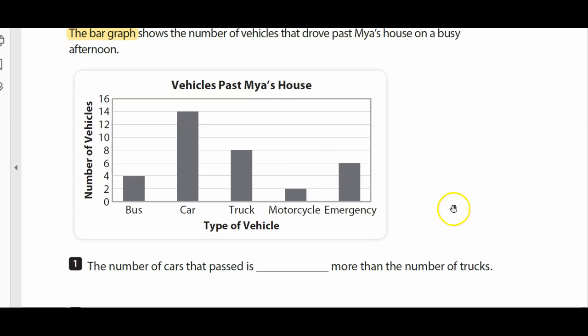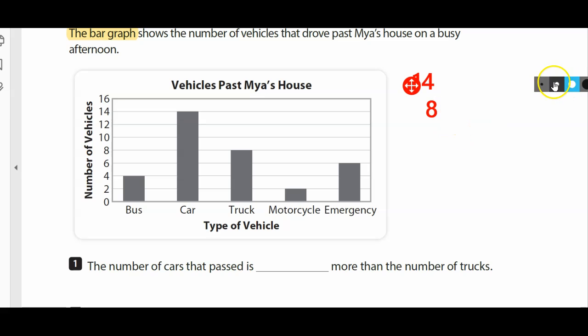So we're going to use the bar graph to answer the questions. Look at number one. The number of cars that passed is more than the number of trucks. So how many cars did it pass? 14. And how many trucks did it pass? 8.